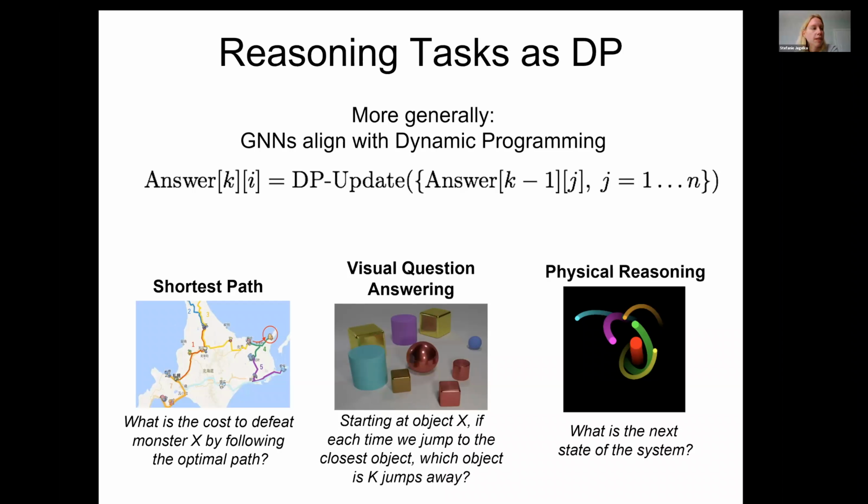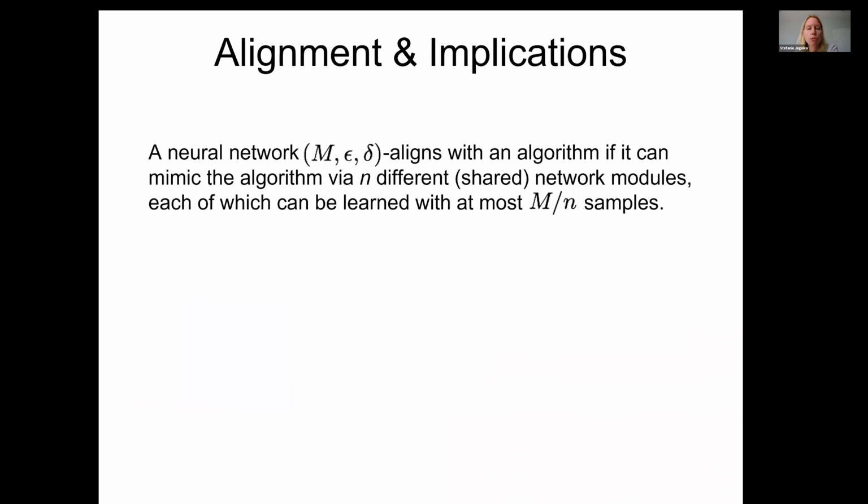Can we also formalize this? So here's an attempt to formalize the notion of algorithmic alignment. We say a neural network aligns with an algorithm if it can mimic this algorithm via a small number of these modules, or gray boxes in my pictures. And each of these boxes or modules is learnable with a small number of data points. So basically, simplicity measured as sample complexity.